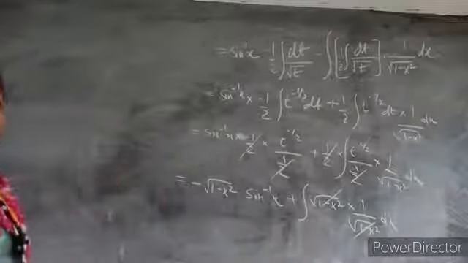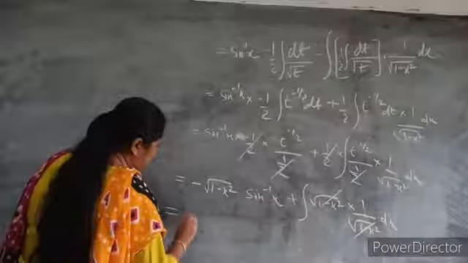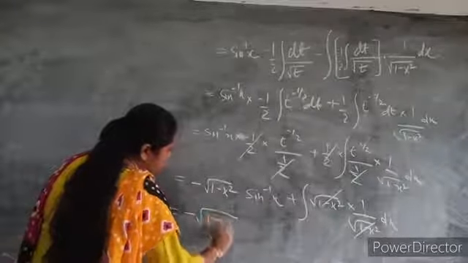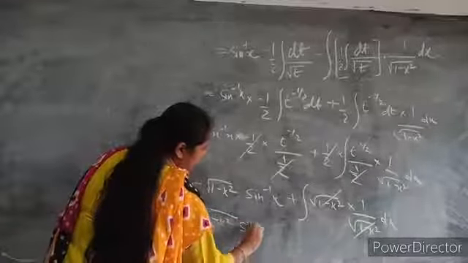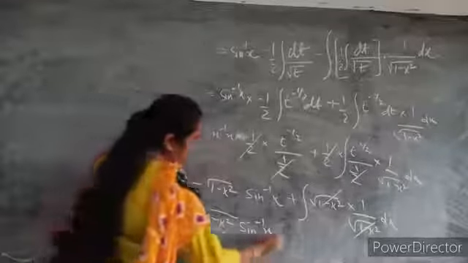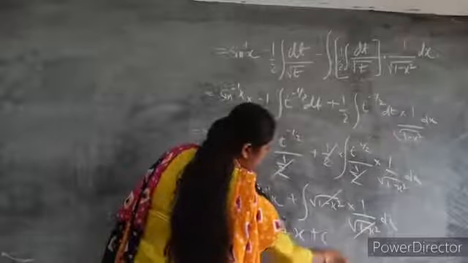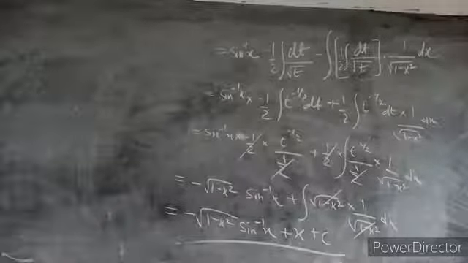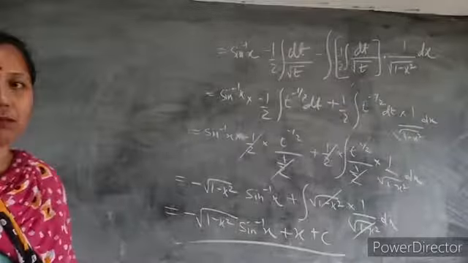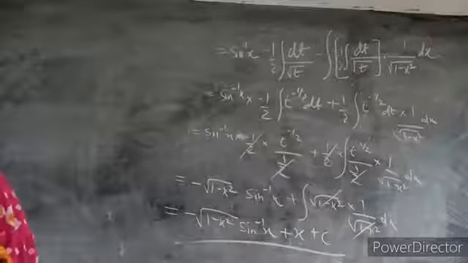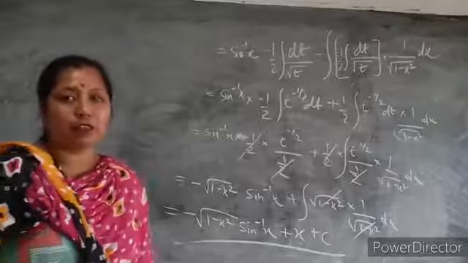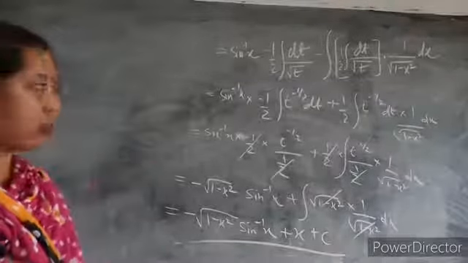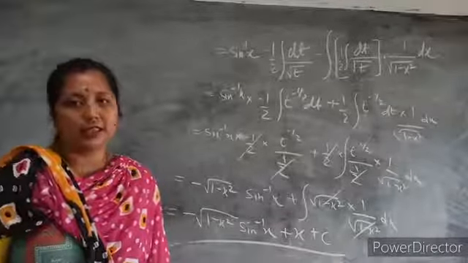So the last part will be simply integration dx. So what is the final answer? That is 1 minus x square into sin inverse x plus x plus c. So this is the output of your integration x sin inverse x upon root over 1 minus x square. Okay, so these are the sums based on your first formula, that is integration of f(x) g(x) dx.